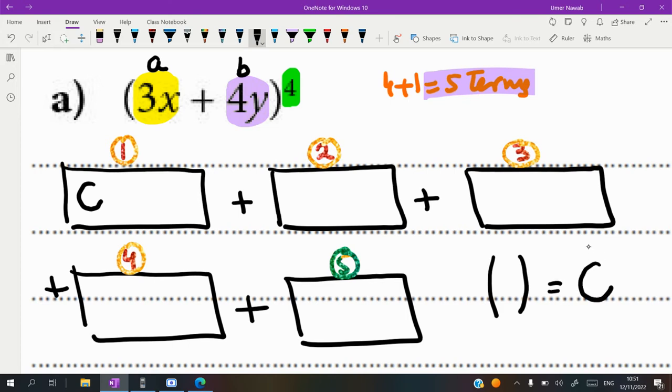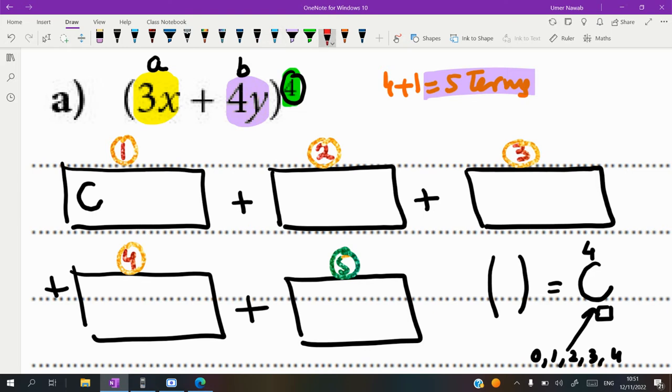Above C, I will write the number n, the power which is provided to you. Under that power, you have to expand the expansion. So n is 4, and I'm going to write 4 on the top. But the number below will vary from 0, 1, 2, 3, and maximum it will reach 4.